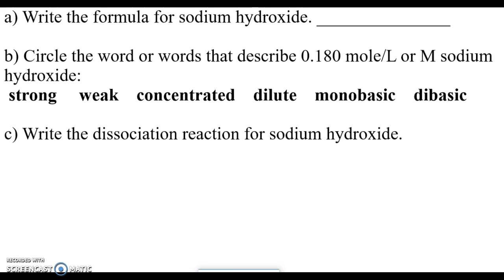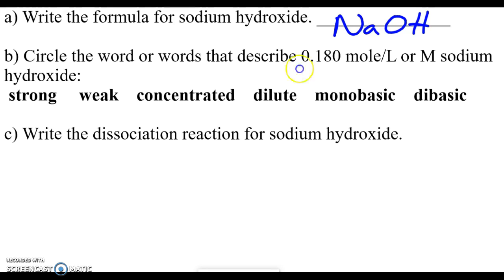So here we go. A, formula for sodium hydroxide, NaOH. Circle the word or words that describe 0.1 mole per liter or molar sodium hydroxide. You may need to go back to the cover of your unit pack for some of these words.